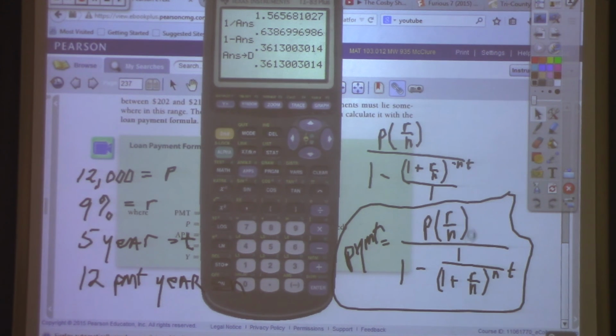Now let's do the numerator up here. So R over N is, R is 0.09 divided by 12 and multiply that by 12,000. And that's 90. So numerator is 90.